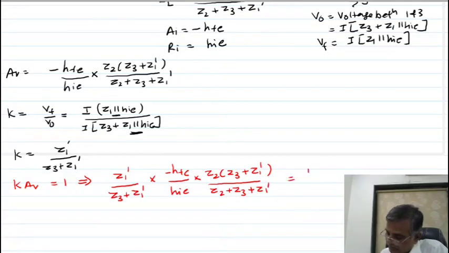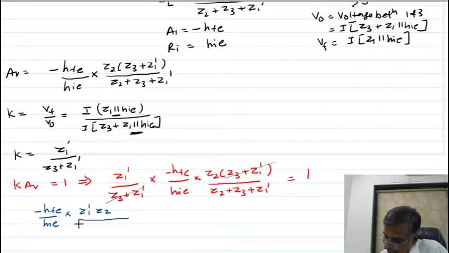This should be 1. Now you can clearly see that this is cancelled. So I can write minus HAV upon HI into Z1 dash Z2 upon Z2 plus Z3 plus Z1 dash is equal to 1.